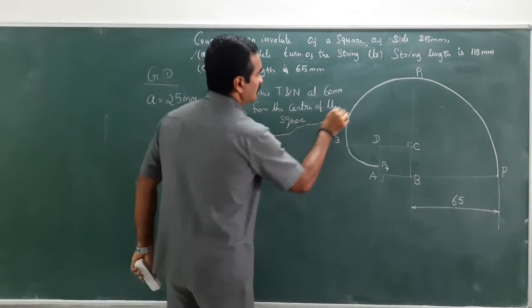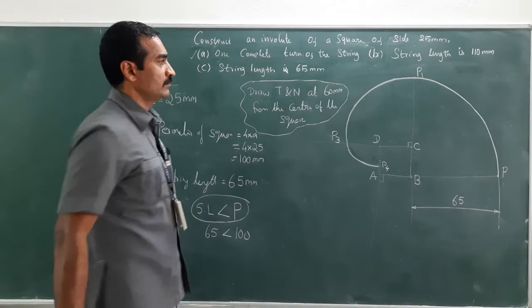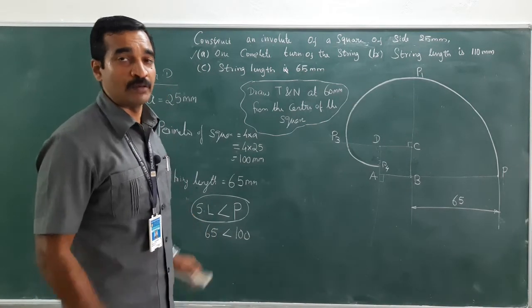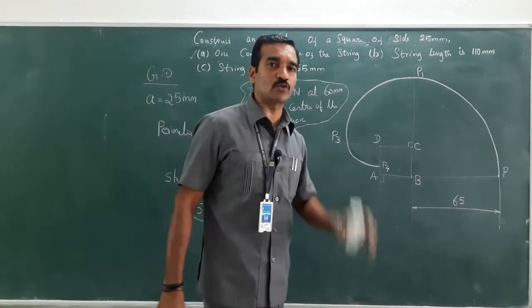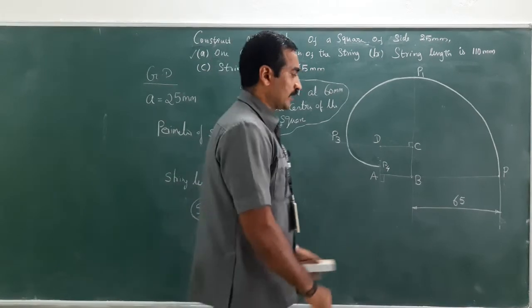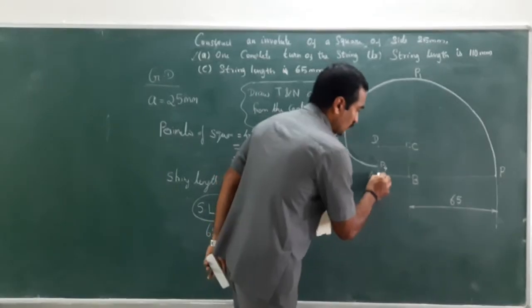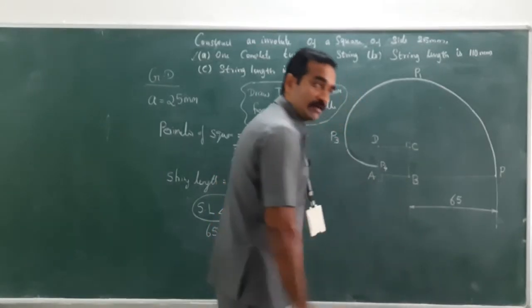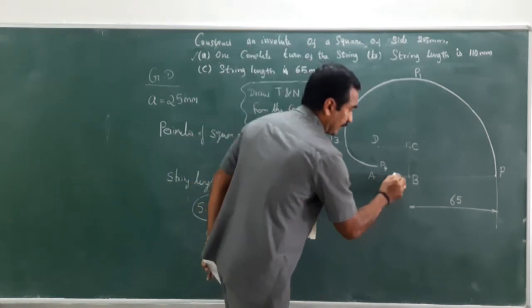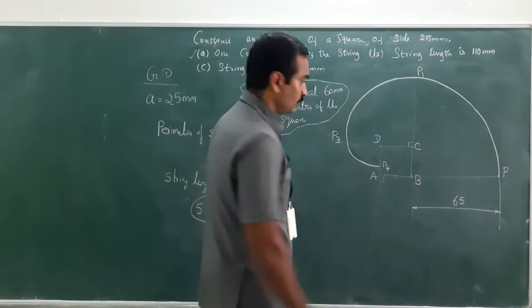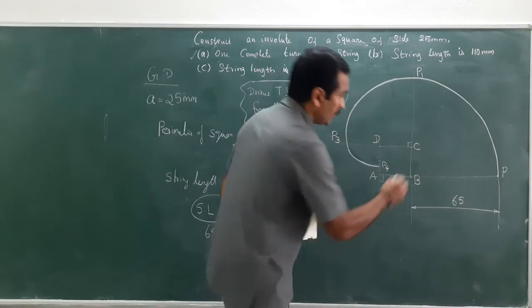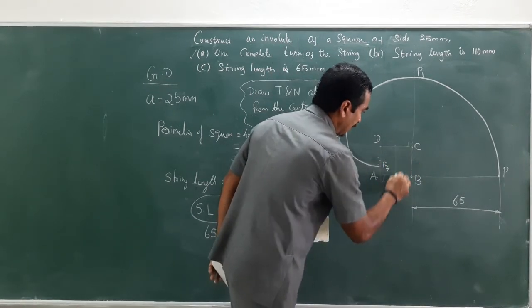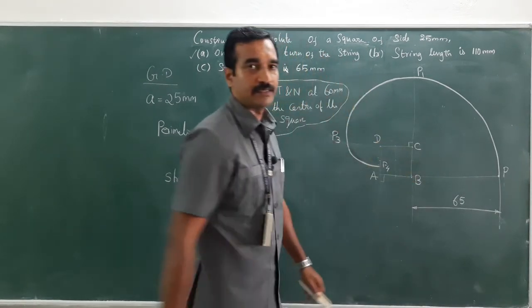If it specifies in this manner, what do you have to do? From the center. How to find the center of the square? There are a couple of ways. First, you can take the midpoint of this side, that is 25, so 12.5, and here also 12.5. By connecting those, you will get the center.